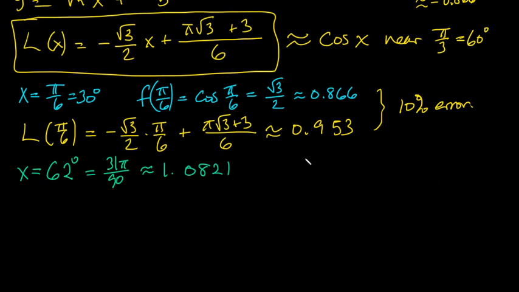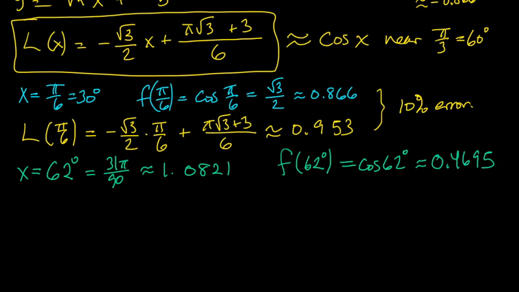So that's my x. What is f of x? I'll just use 62 degrees. If you do this on your calculator, make sure you switch to degree mode. The cosine of 62 degrees is approximately 0.4695 to 4 decimal places. Good enough.